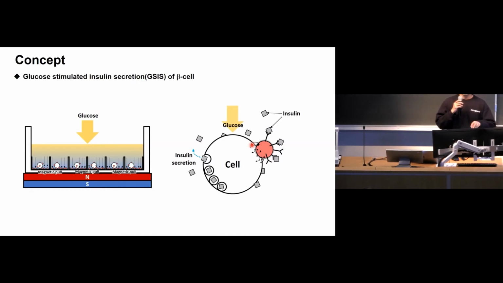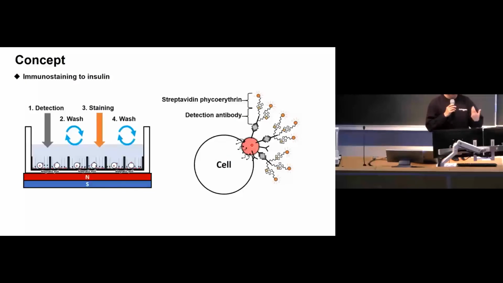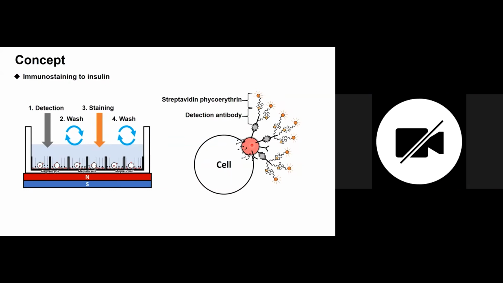As I mentioned, I put the measurement tool that can capture insulin on it, and then using immunostaining to insulin, we can make the bead capturing the insulin brighter. Depending on the amount of insulin captured in the bead, the brightness of the bead will be different. That's our hypothesis.